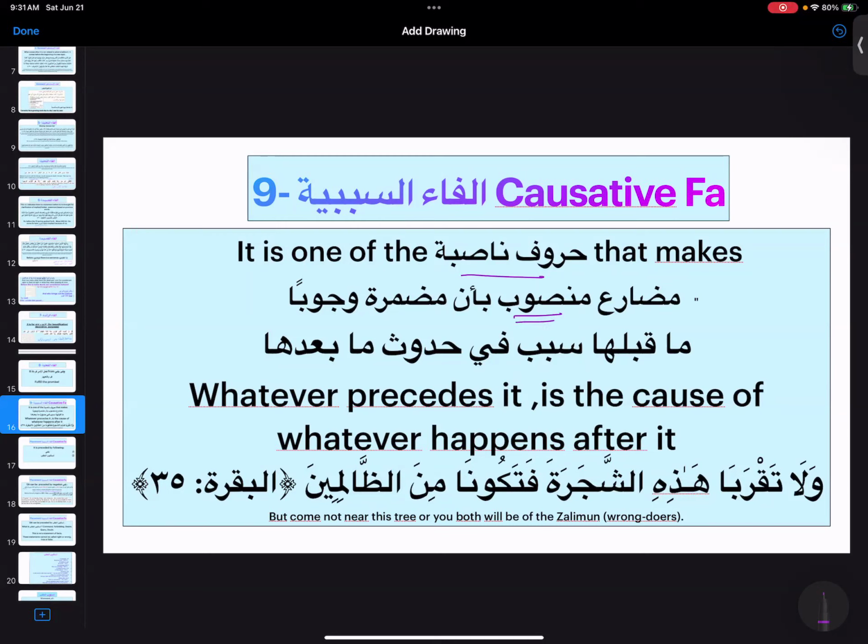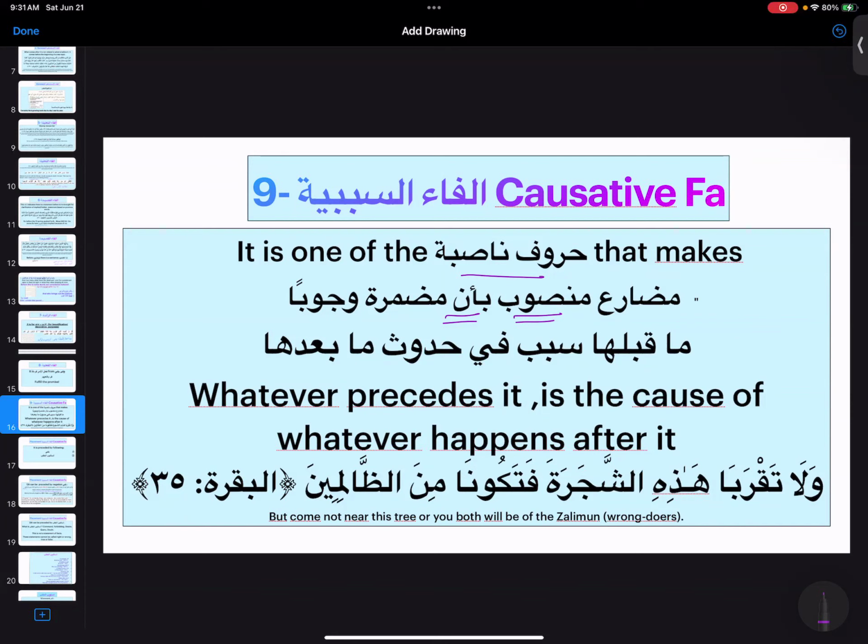And this fa is actually not doing it. We know there is an mudmara, right, which is doing it. And it says that ma qablaha sabab fi hadusi ma badaha. Whatever preceded it, what was before it, is the cause of whatever happened after it.